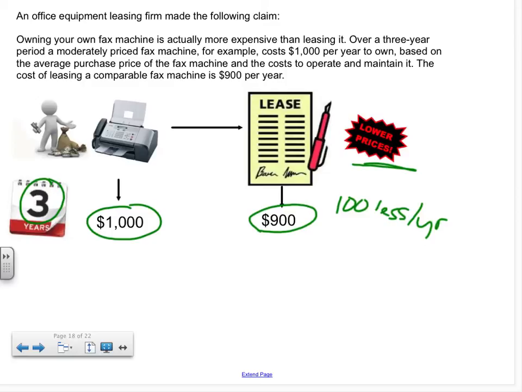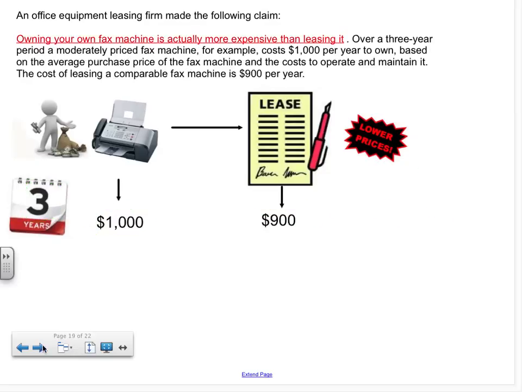So the immediate thing that should come to your mind when you're trying to weaken the argument is to try and find something that would contradict the idea that leasing is cheaper than owning. And you should clue into the first line that is basically your conclusion. Owning your own fax machine is actually more expensive than leasing it. In order to weaken the argument, we need to find something that says that buying is the cheaper option.